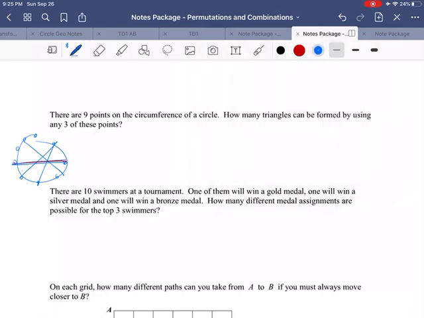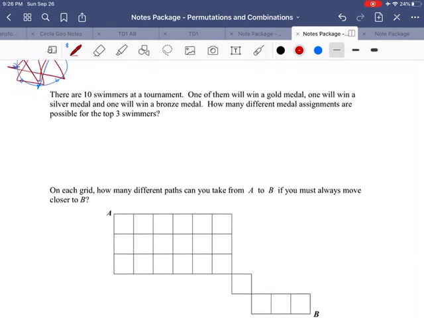It's the same diagonal, okay? And the other part about this question is we're making triangles, okay? So a triangle is you're selecting 3 of the points. Any 3 points will make a triangle, okay? So 9C3, there's 84 ways.